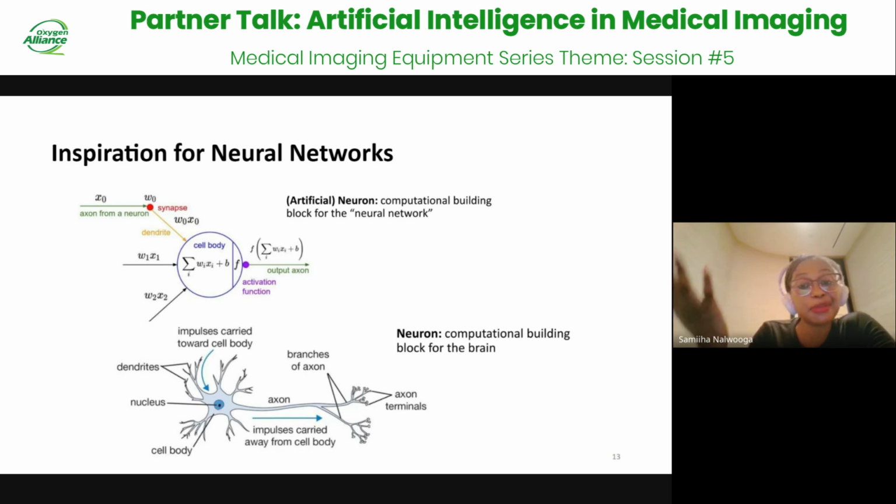When we see something or think about something, these neurons work together by passing signals through connections to figure out what's actually happening. When you come back to the artificial neural network, it just mimics this process. Because we also have a cell body, we have a synapse, we have the output axon, and so on and so forth.